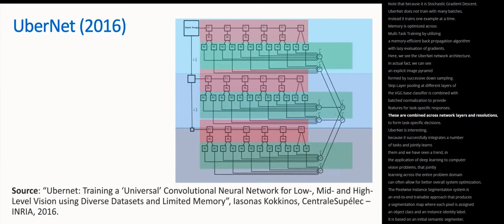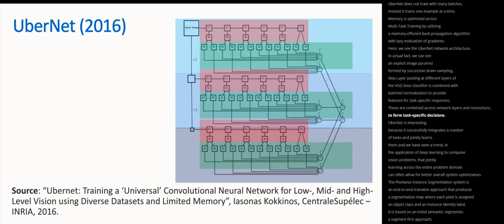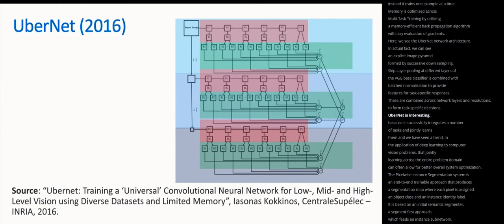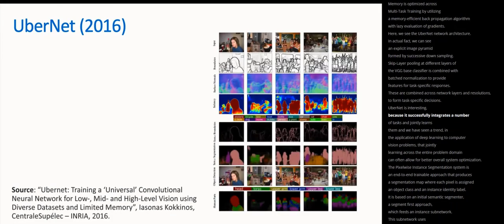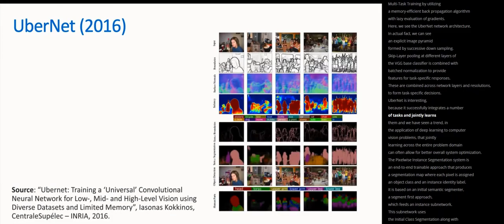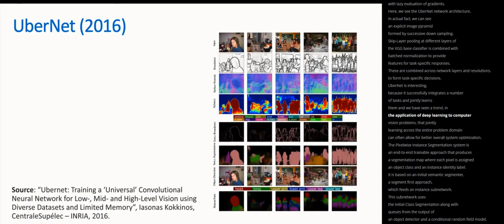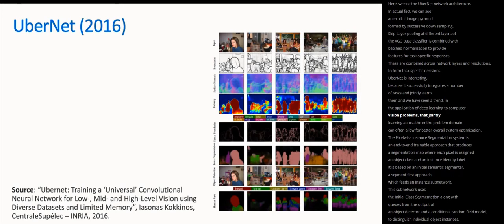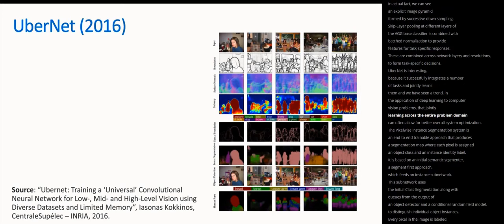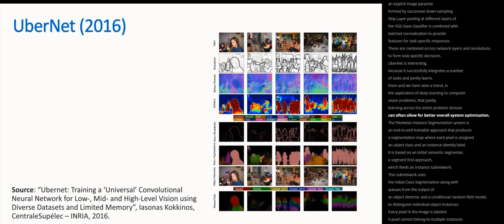These are combined across network layers and resolutions to form task-specific decisions. UberNet is interesting because it successfully integrates a number of tasks and jointly learns them. And we have seen a trend in the application of deep learning to computer vision problems that jointly learning across the entire problem domain can often allow for better overall system optimization.